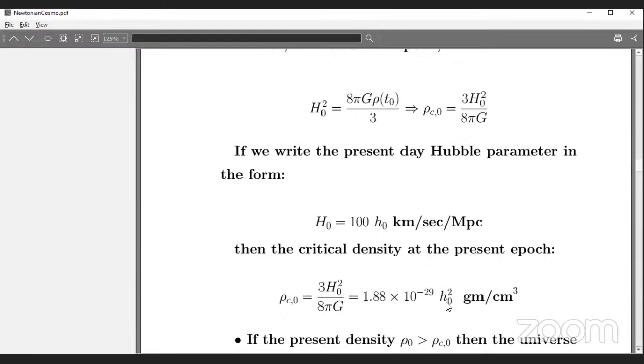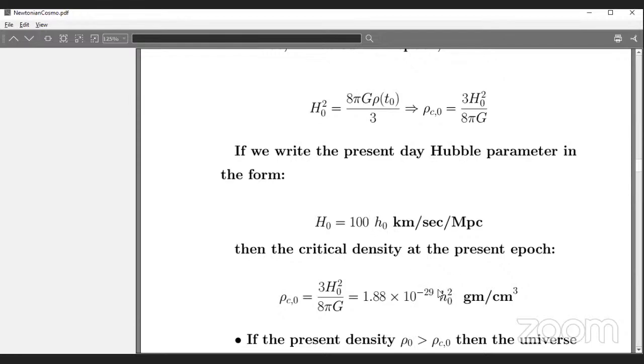Where h0, of course, is a parameter, because in yesterday's lecture I told you that there is an uncertainty as to what the value of the Hubble parameter is. h0 will be about 0.68 if you believe the microwave background radiation precision data, while h0 will be 0.74 if you believe the data for the nearby galaxies.